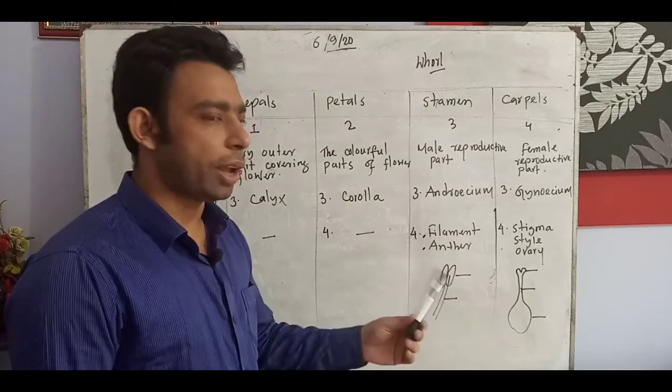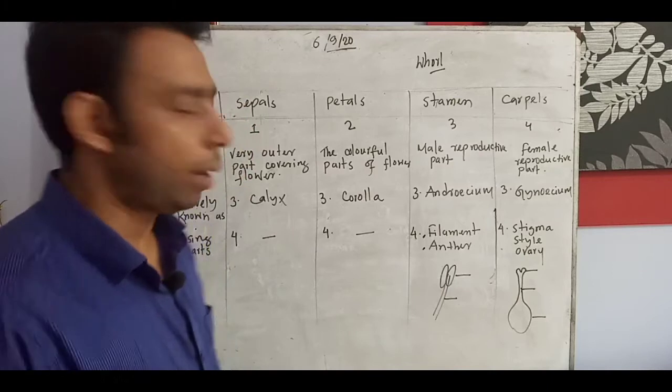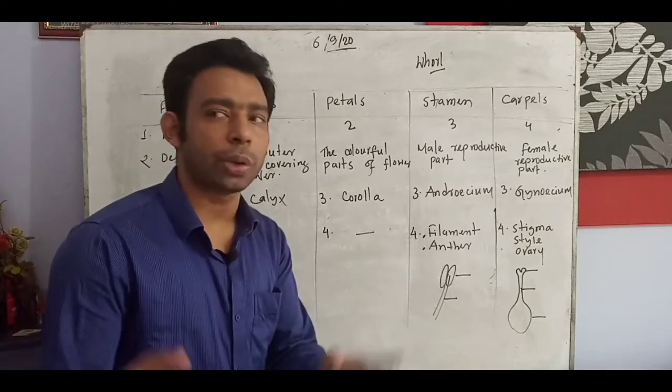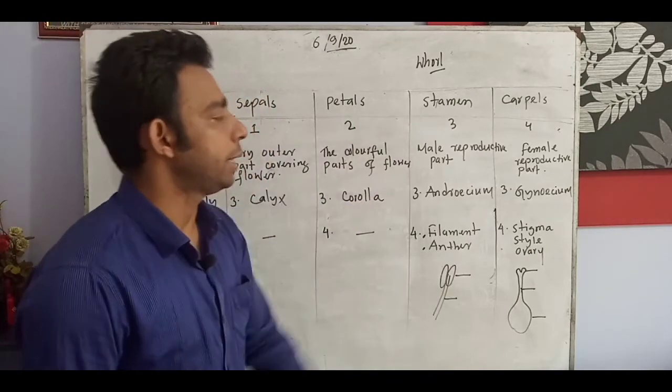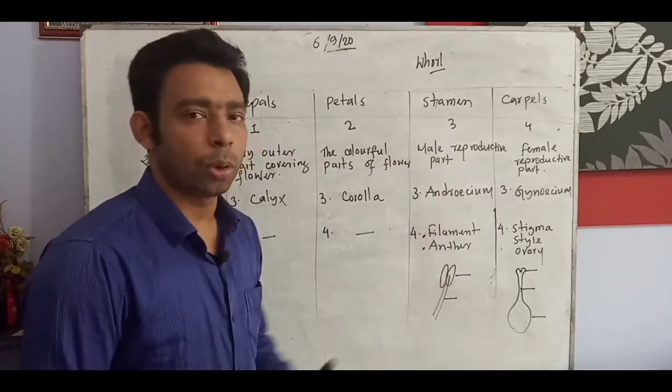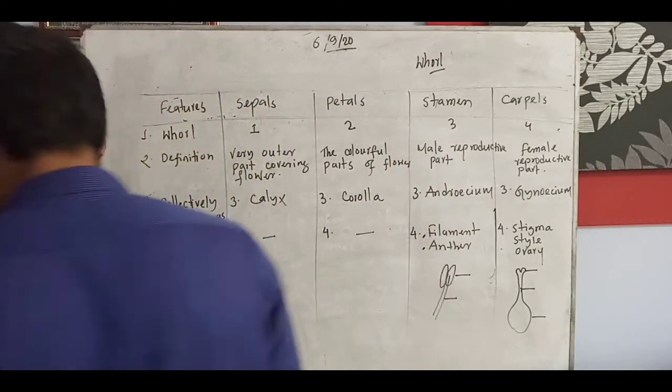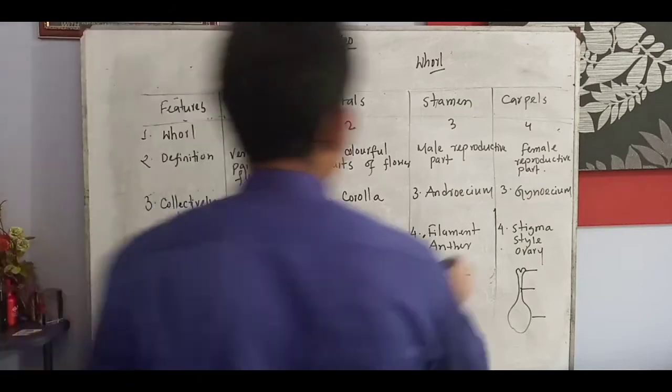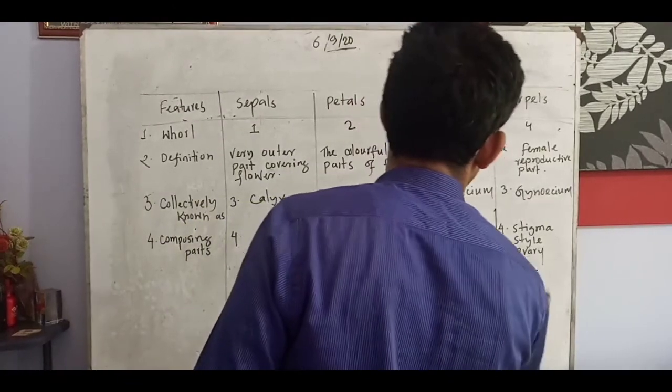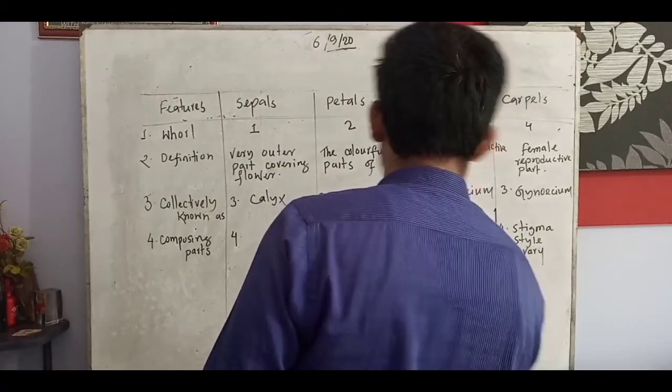So without having that connection, how can we minimize? This is another feature we can include if it is needed for writing about the stamen and the carpels. Next one, I just erase this for writing something.